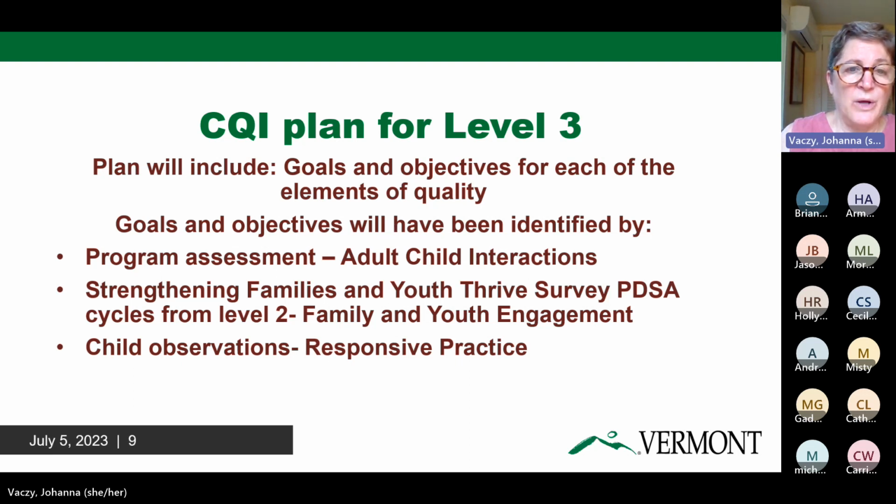Goals and objectives will have been identified through a program assessment for the goals and objectives for adult-child interactions, by a Strengthening Families and/or Youth Thrive survey, the PDSA cycles from level 2 for family and youth engagement, and child observations for the responsive practice element of quality.